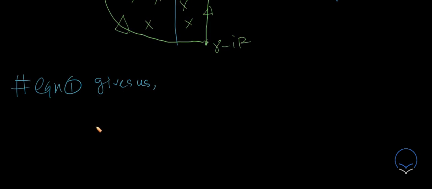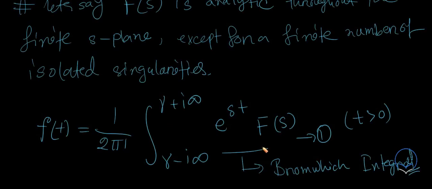Right. So first of all, let's write the L_R part, and this will have the format of e to the power st F(s) ds, right? And oh my god, I forgot to write a ds over here. Yeah, this should be like this.